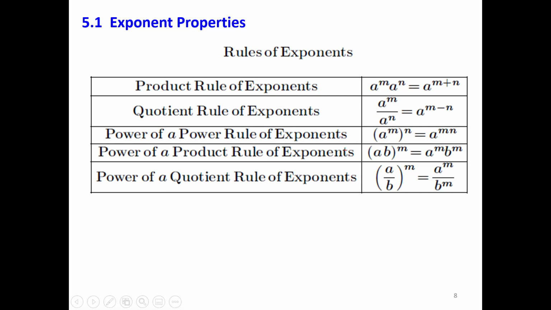The other rule is the power of a product. If you have a product raised to any power, positive or negative, what you have to do is put the exponent on each factor. And the same thing happens if we had a quotient or a division: we can put the exponent on the numerator and put the exponent on the denominator.